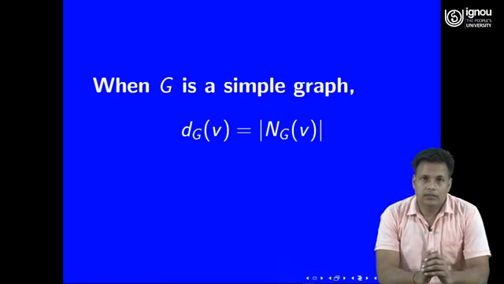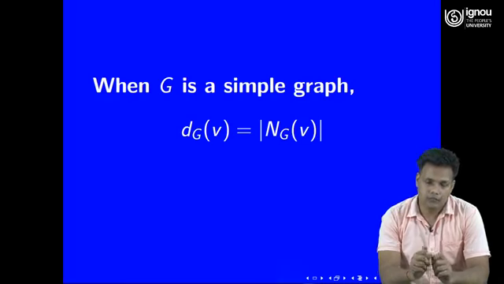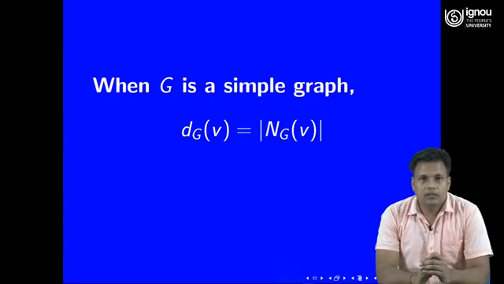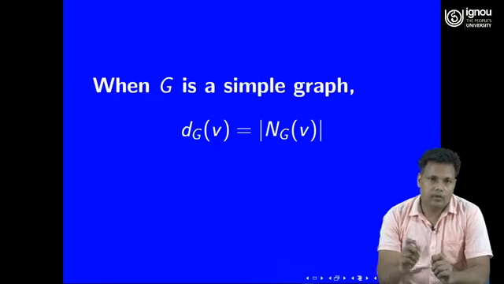And when G is a simple graph, the degree of a vertex is nothing but the cardinality of its neighborhood, that means the number of neighbors, because in that case there is exactly one edge incident on V for each neighbor.